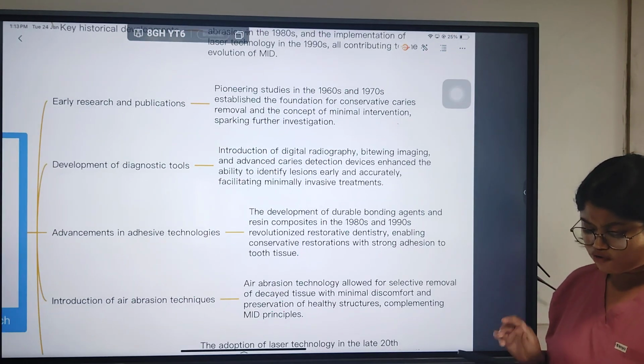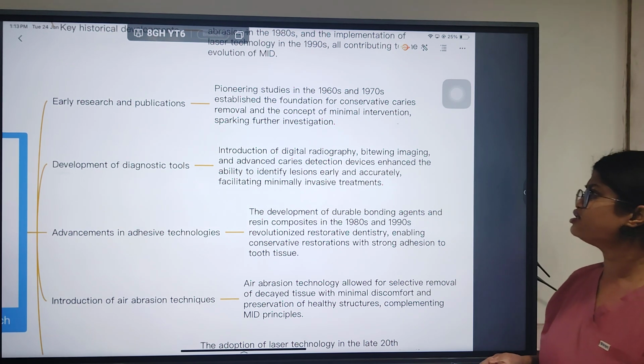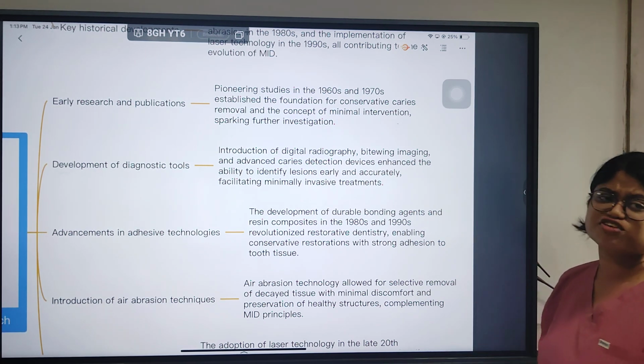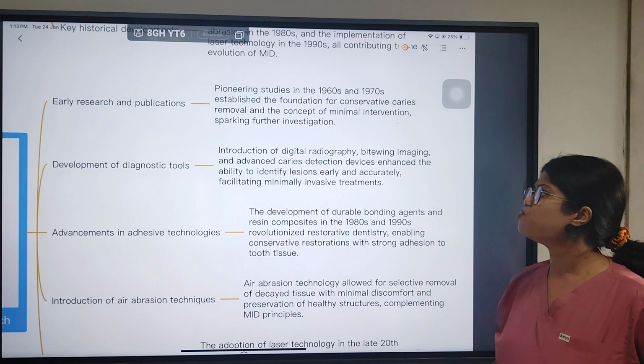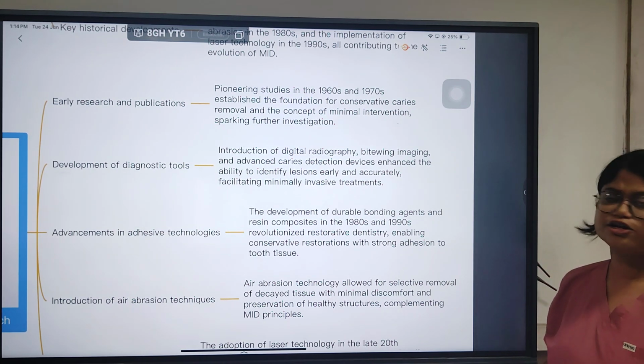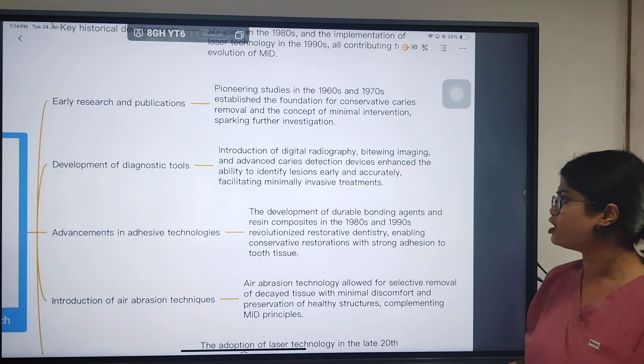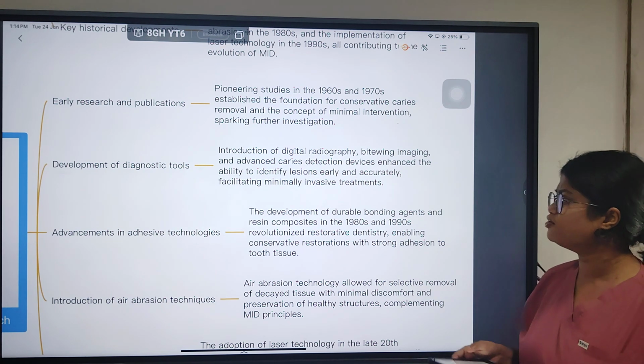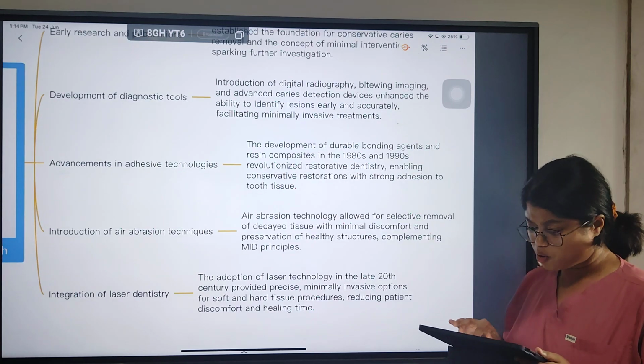So coming to the development of diagnostic tools, we can see the use of digital radiography, biometric imaging and advanced caries detection devices that were developed to enhance the ability to identify lesions accurately and early, facilitating minimally invasive treatments. What are the advancements?